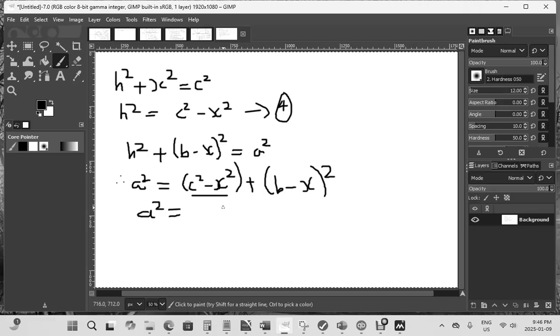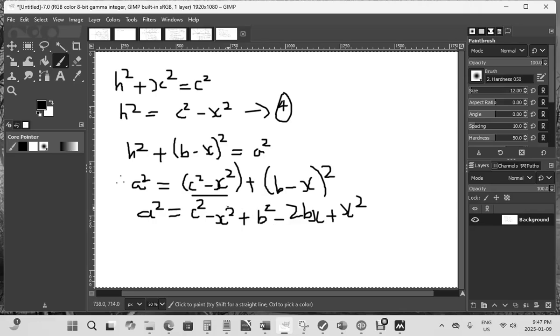Notice this is your incomplete quadratic equation. It is not in the form of a squared plus bx plus c squared. So we can expand the bracket. This will be C squared minus X squared, plus B squared minus 2BX plus X squared.